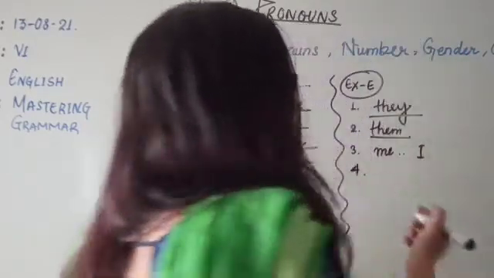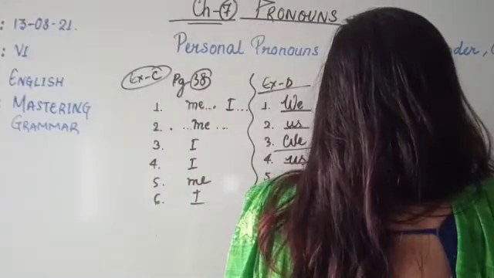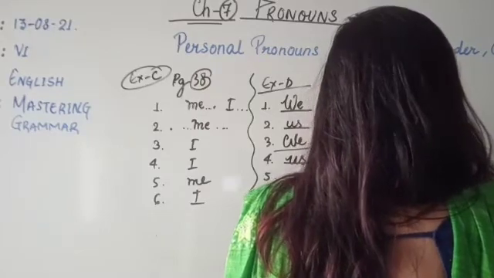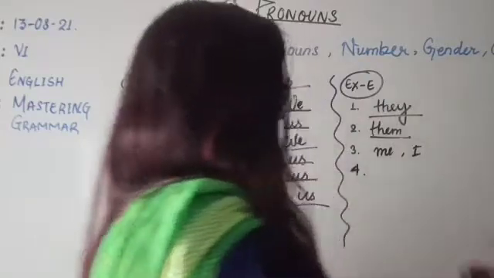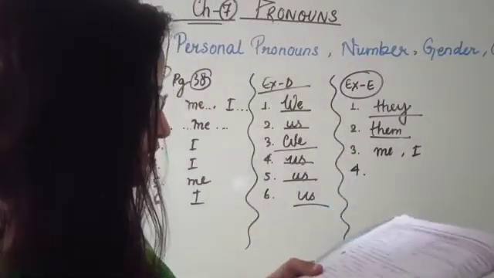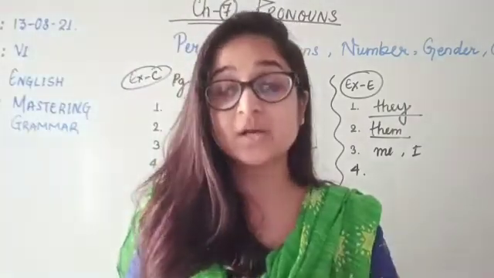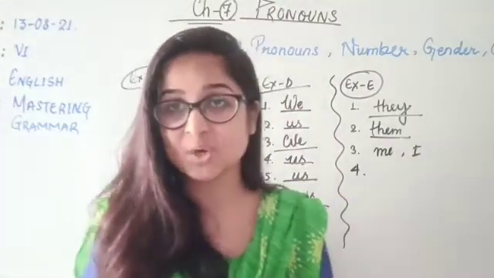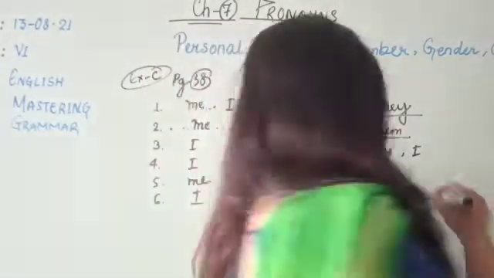Number 4, you could also simultaneously use their. For me, you will have to say us. Okay, us and then we. My mother is not in her room. I wonder where she has gone. Her is used in the object.